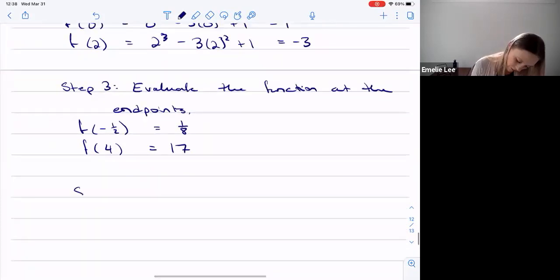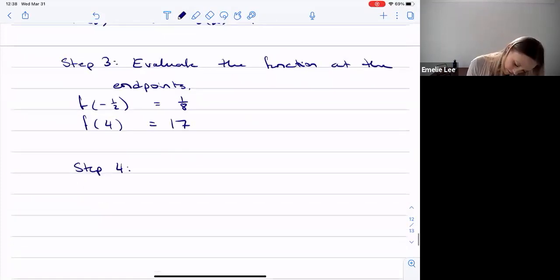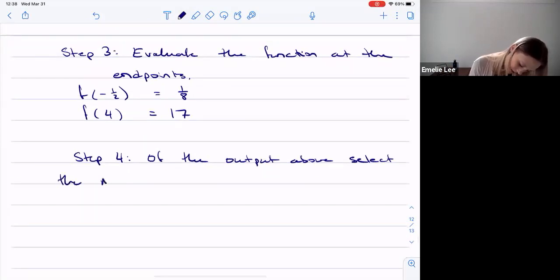And then step 4, of all those outputs, select the maximum and the minimum, and those would be your absolute max and mins. So of the output above, select the maximum and the minimum value.